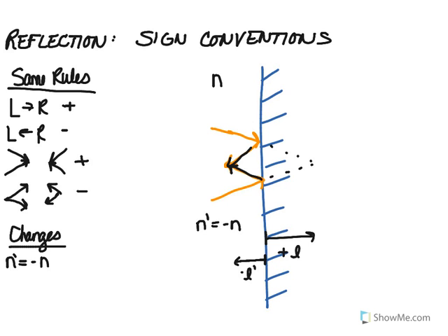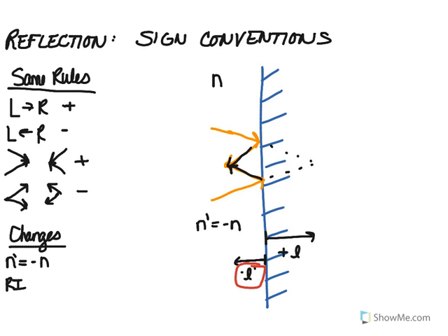And the other change that you can see here is that when we have a real image, we actually have a negative L prime, a negative image distance, which usually with refraction, since a real image is on the right side, is a positive L prime.